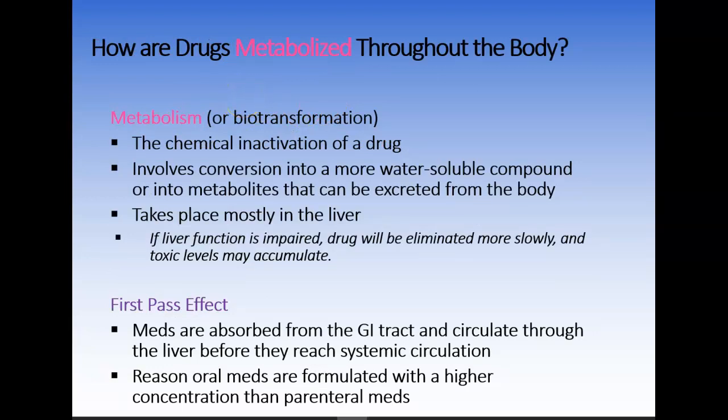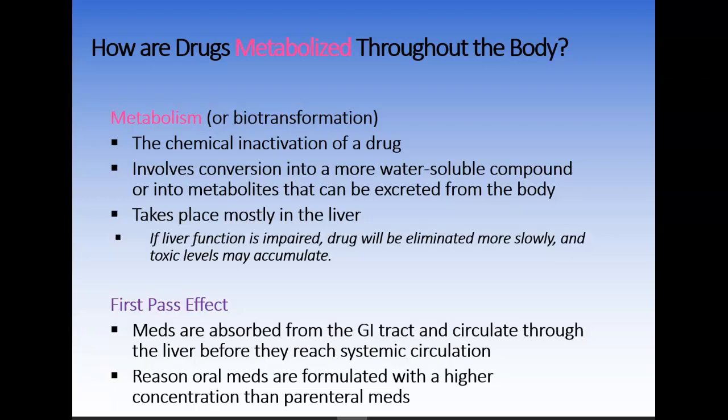Okay, so metabolism. How do we metabolize drugs? It's also called biotransformation. When we metabolize something, we chemically inactivate it, and it converts into more of a water-soluble compound or metabolites that the body can use and excrete.